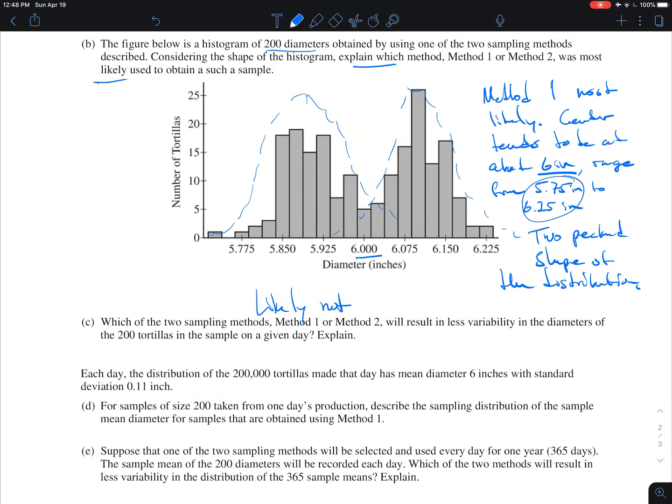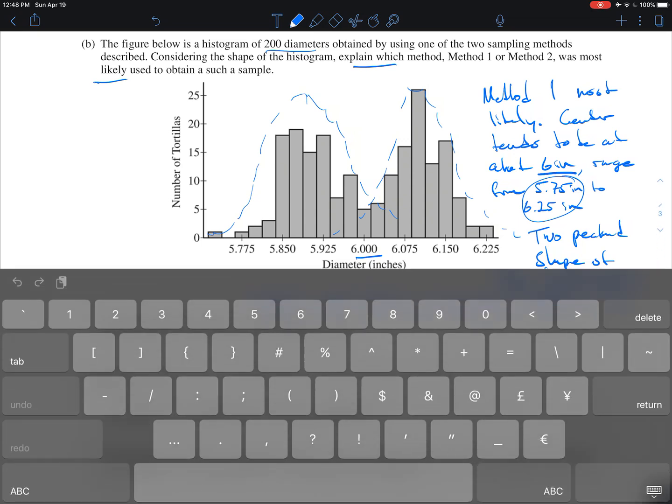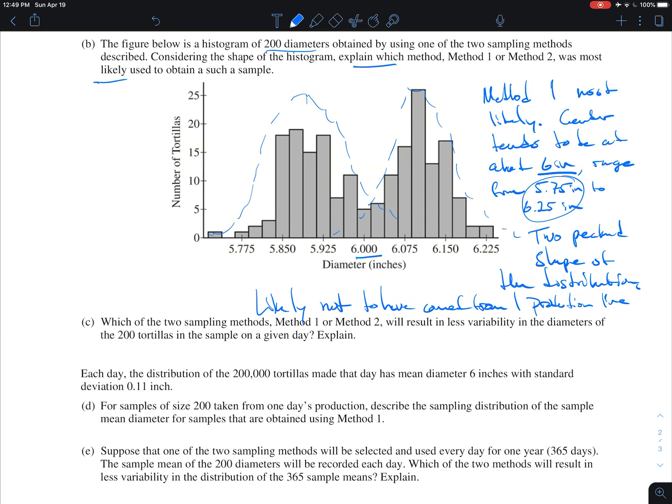Likely not to have come from one production line. Maybe you go on to say that each of those production lines is approximately normal by themselves, and this sampling distribution or simulated sampling distribution is not.